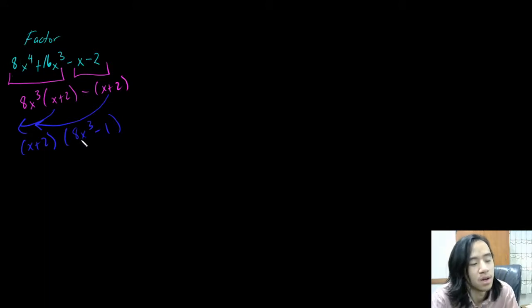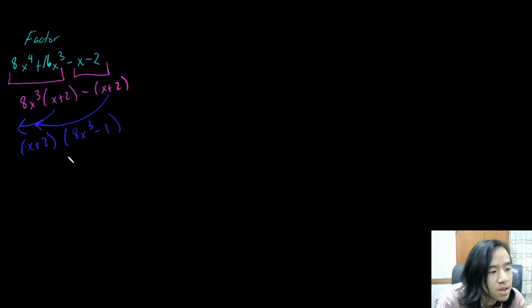So those of you with a sharp eye might have seen that 8x cubed minus 1 is a difference of cubes, what we learned in the last video. So what we can do is we can factor this again. We can factor this farther. So that's exactly what I'm going to do. This can be written as 2x everything cubed minus 1 cubed.